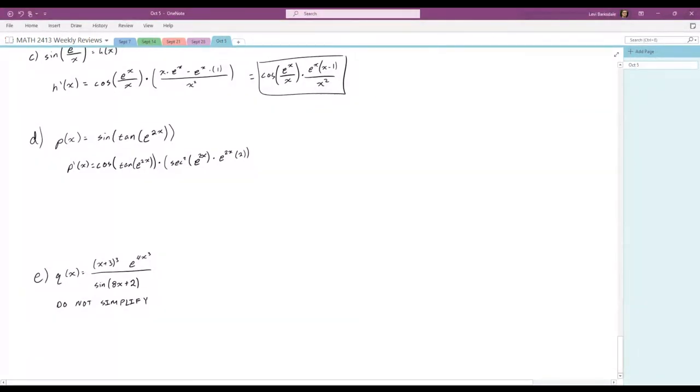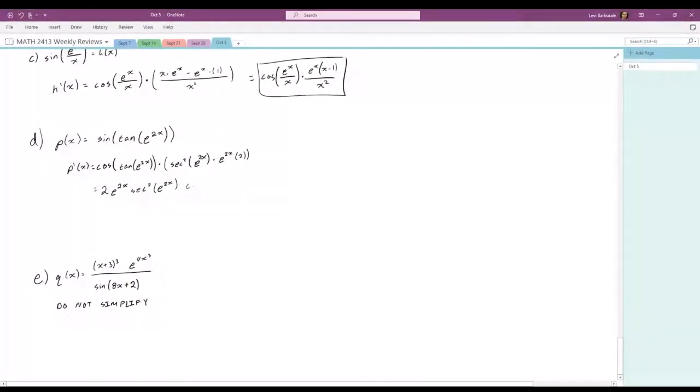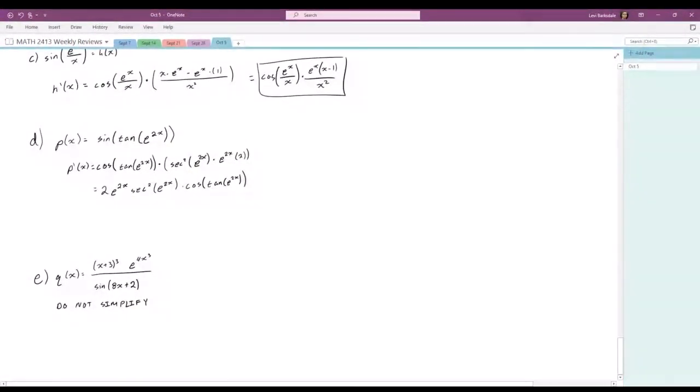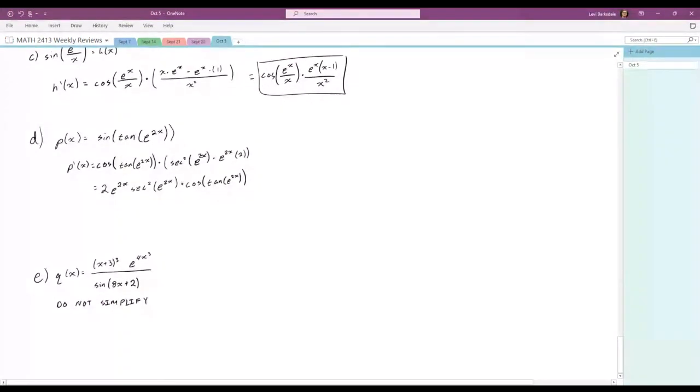All right, so then if I wrote this out slightly nicer, it would be 2e to the 2x secant squared of e to the 2x times cosine of tangent e to the 2x. And hopefully I put all my parentheses in all the right places. And there you have it. That would be our derivative.